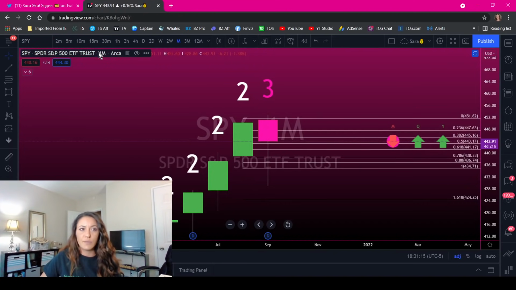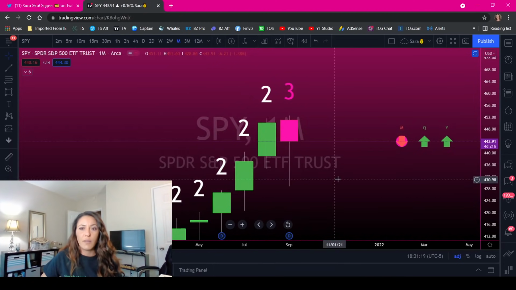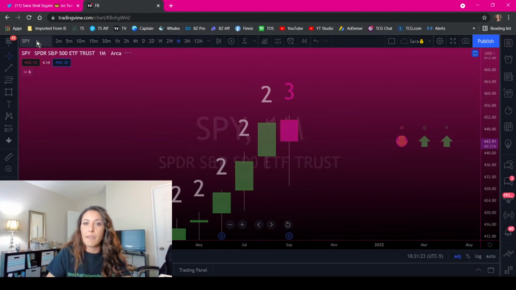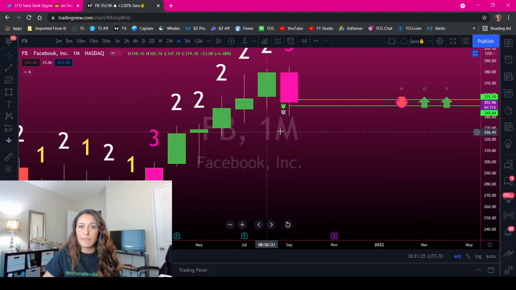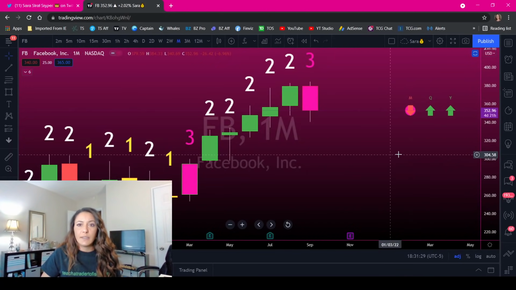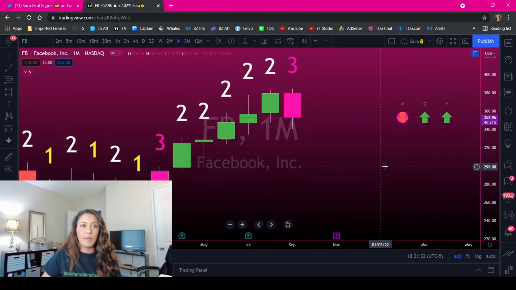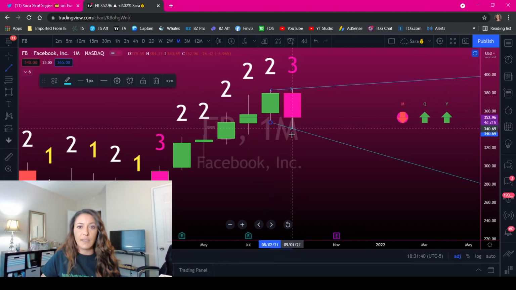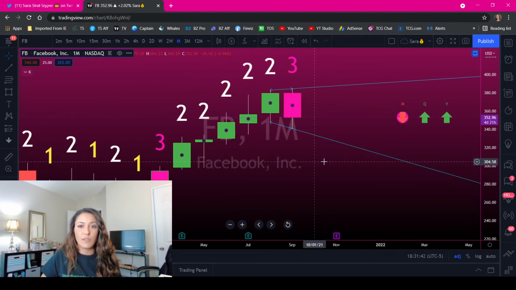Let's also talk about Facebook and Apple, because it was all the same setup. And I was posting this everywhere. I called the bottom of Facebook because of the broadening formation. I said it looks just like the Apple daily chart, which I'll show you in a minute.